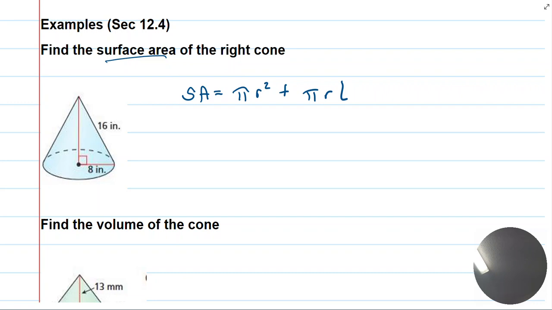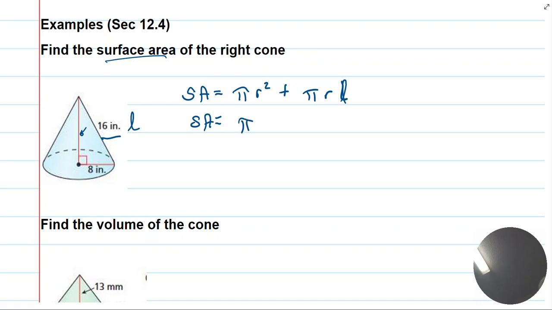Yes, that's an L. This 16 is the L. If it was the height, it would have an arrow here. And that's a good question because you may have that. Okay, excellent. All right, so our surface area is pi 8 squared plus pi 8 times the 16.